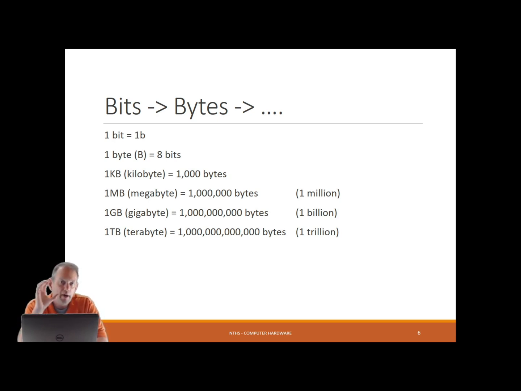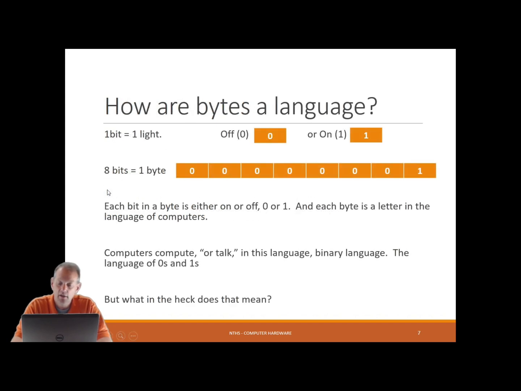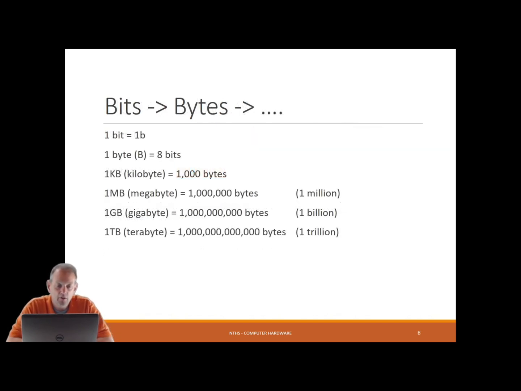So if we know 1 byte equals 8 bits, a kilobyte, represented by a large K and a large B, is 1,000 bytes.